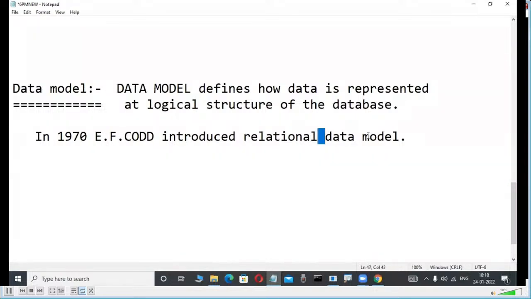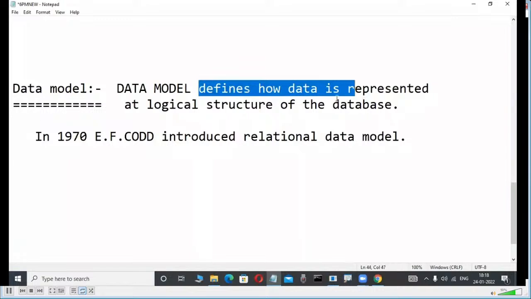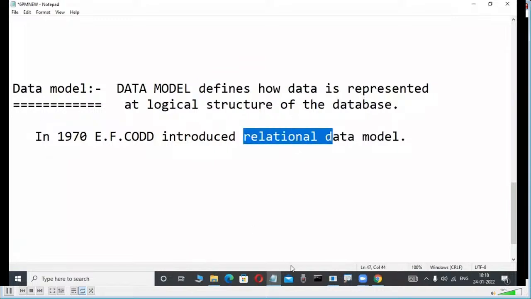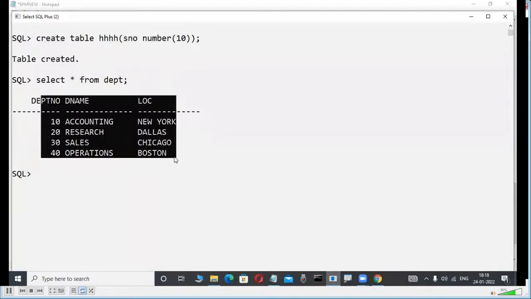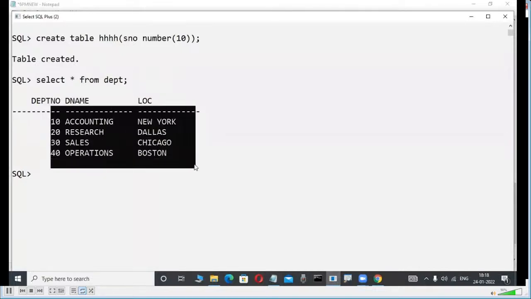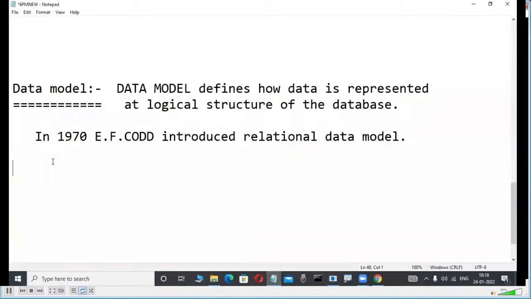So in 1970, E.F. Codd introduced a relational data model. Relational data model means what? What is the logic in a logical structure? How is data represented? Relational data model means in a logical structure, this is a logical structure, not visible in the operating system. In this logical structure, data is represented in the format of rows and columns. That is nothing but two-dimensional tables.